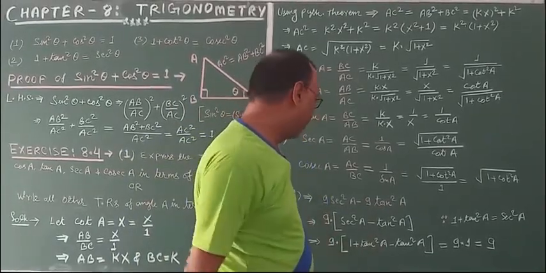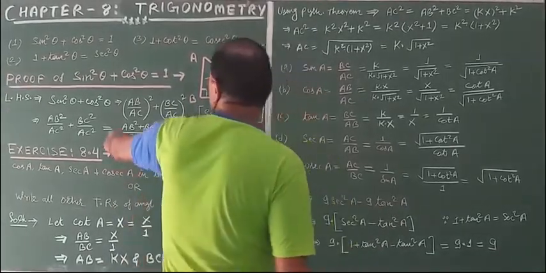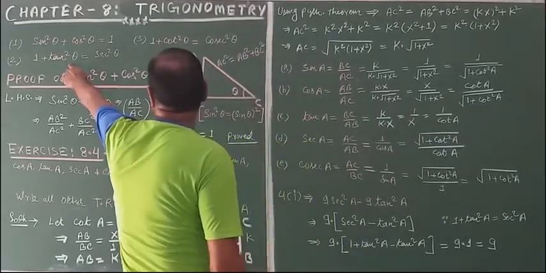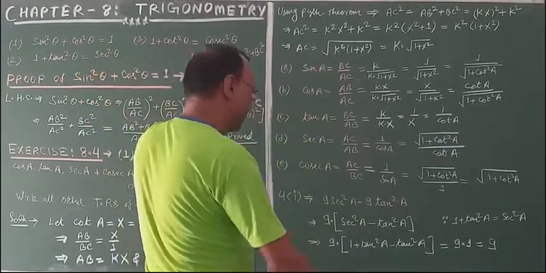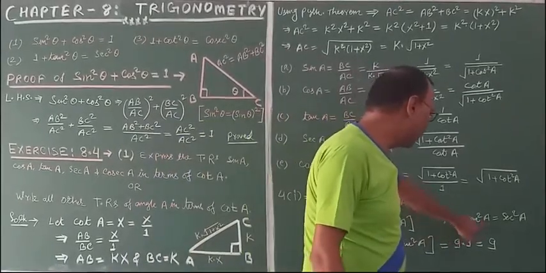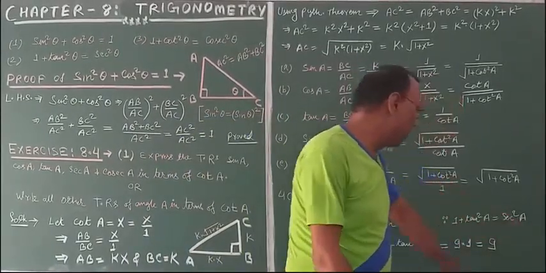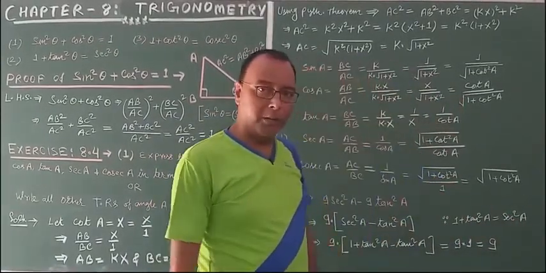Now listen, this is the identity: 1 plus tan square theta is equal to sec square theta. Here I am writing A in place of theta.